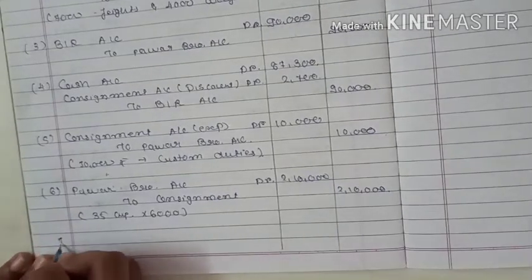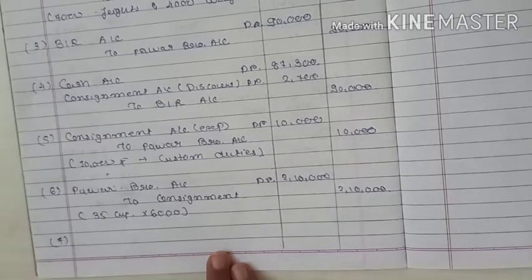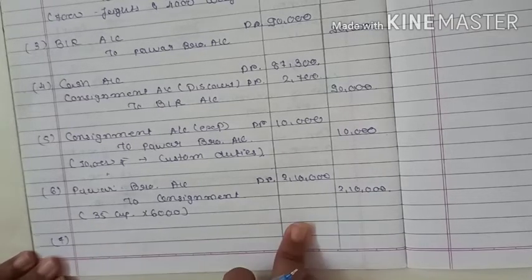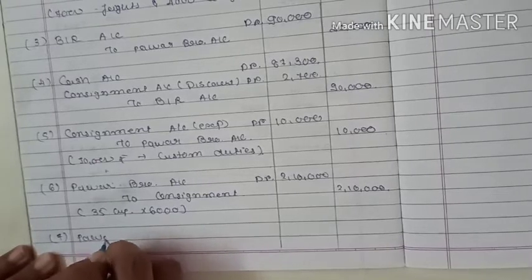Then the 7th entry. Again after a month, the remaining cupboards he will sell. After a month he is selling the remaining 5 cupboards at rupees 5,500. Right? So again we have to write down the entry of the sales. So the entry will be the same.